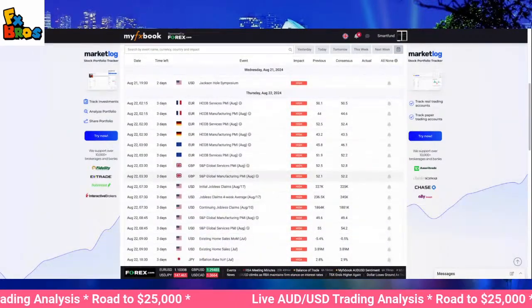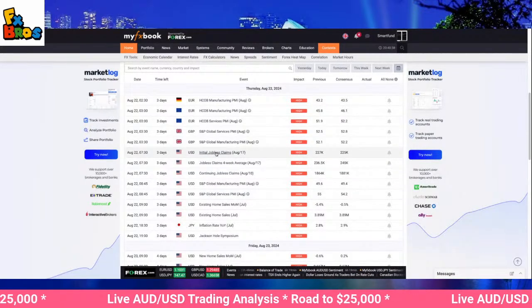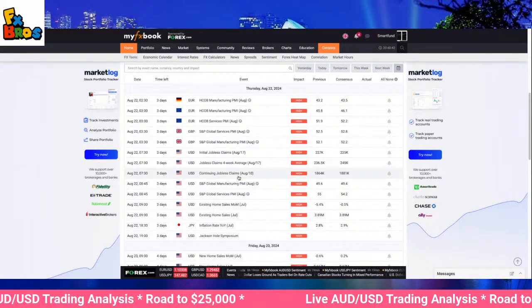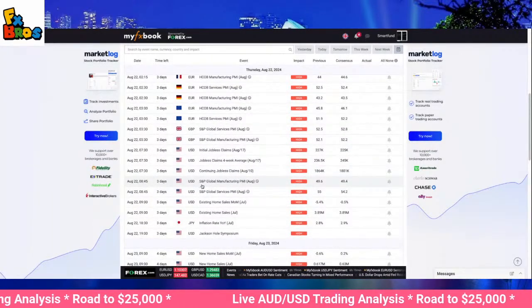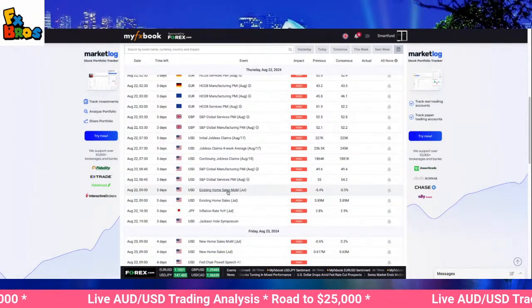Thursday, of course, the same news as we always get. Initial jobless claims, 4-week average, continuing jobless claims. We also got S&P global manufacturing and services, and existing home sales.